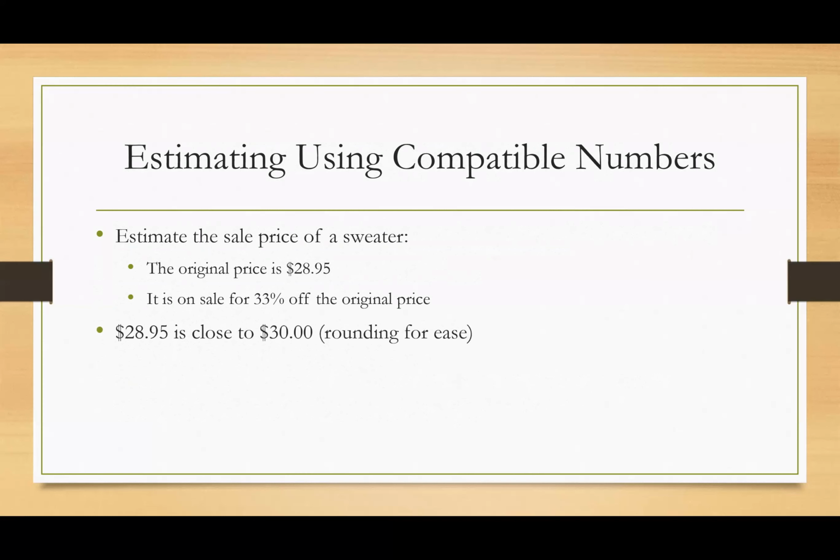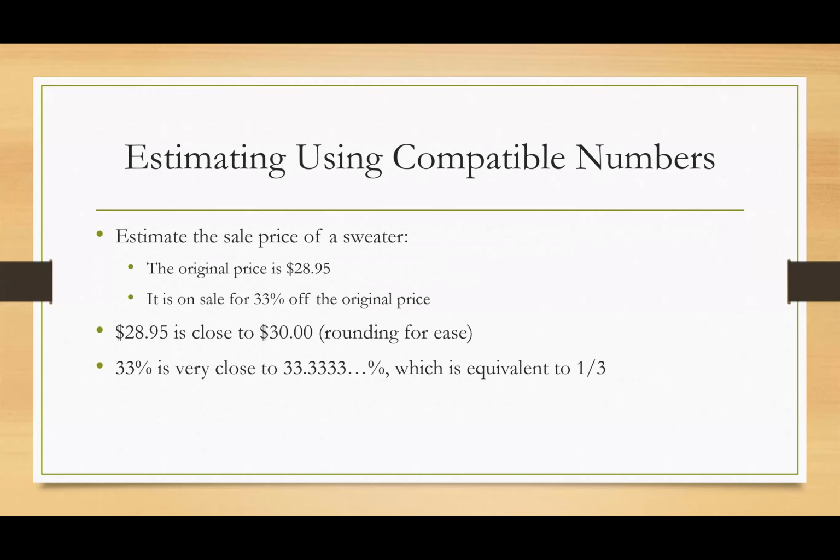We want to recognize that $28.95 is not an easy number to work with without our calculator, so we could say that's very close to $30. So we're going right back to technique number 1, where we're rounding for ease.